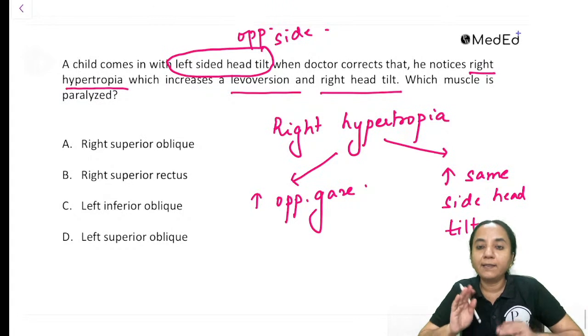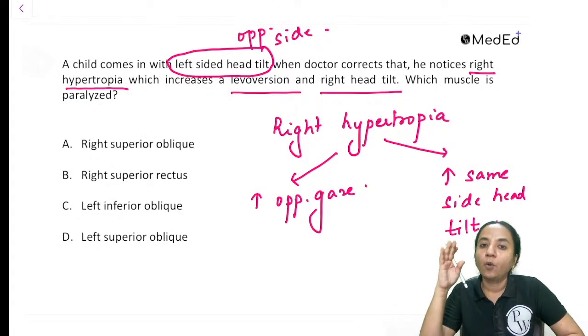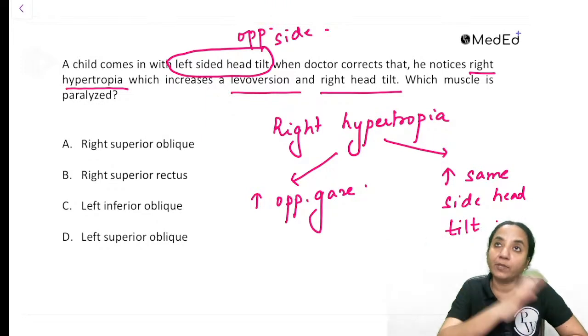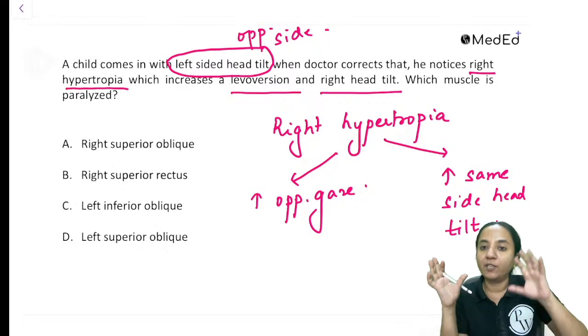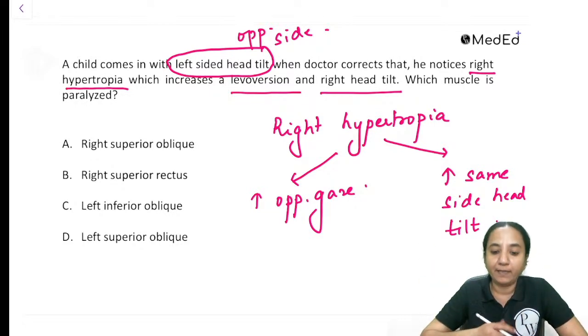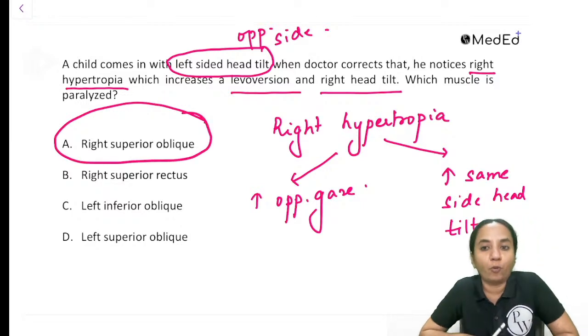Okay, so there is a right hypertropia which is worsening on opposite gaze and same sided head tilt. And that is why the child has an opposite side head tilt. So this is typically SO palsy, that is superior oblique.